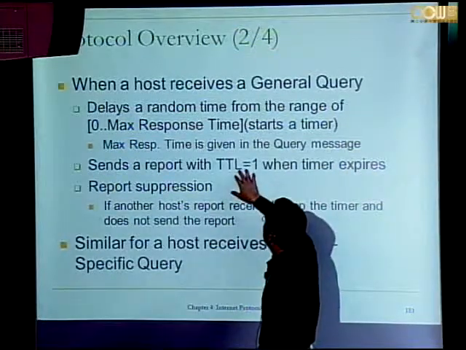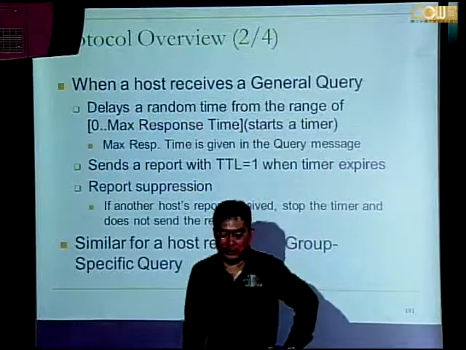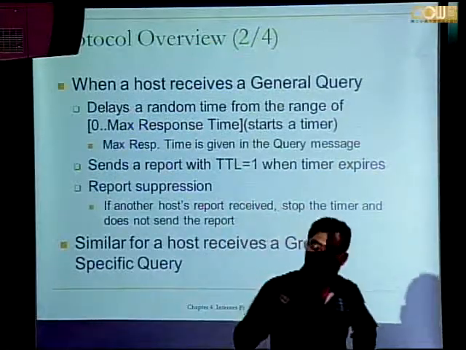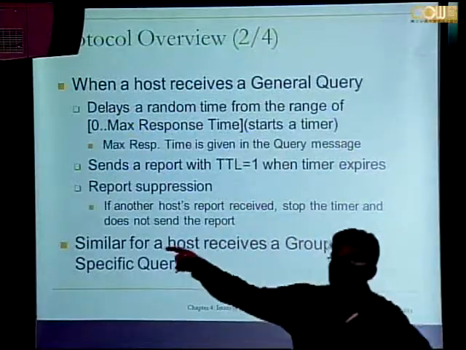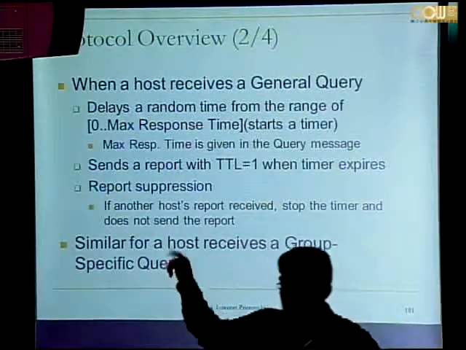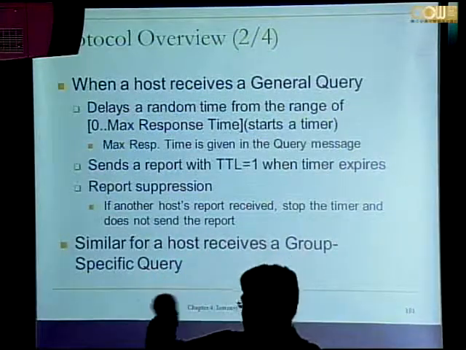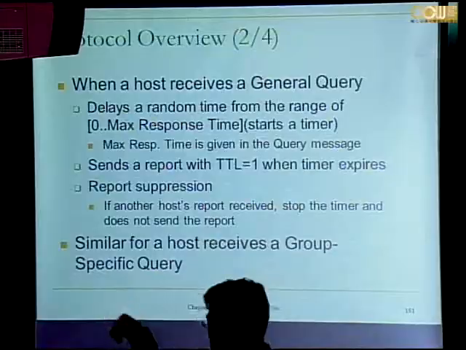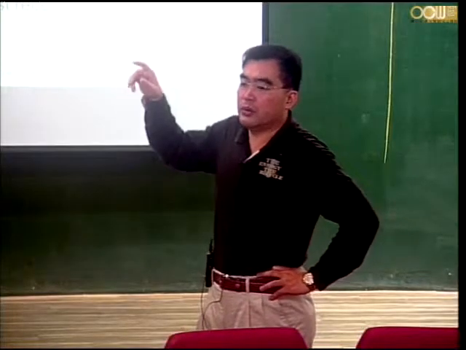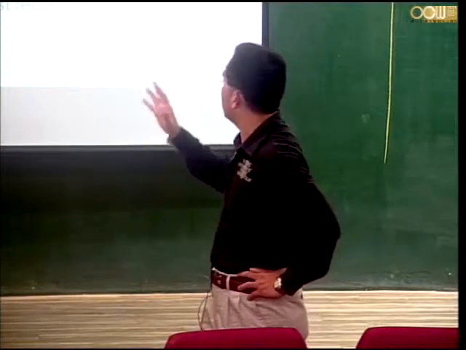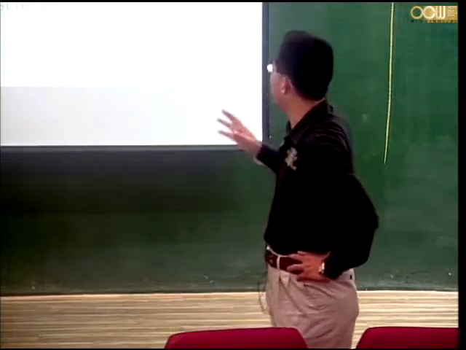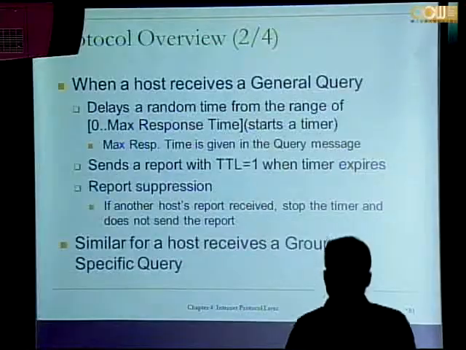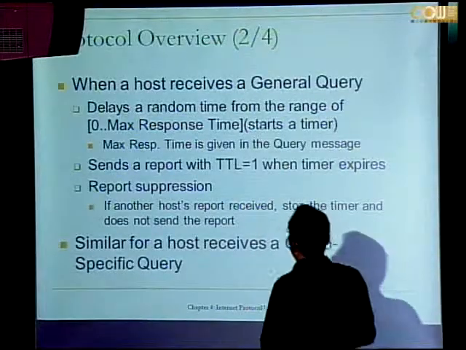And I set TTL to 1. It means that it is only between me and the router, and TTL will be deducted by 1 at each router, as we know. So when it reaches 0, then it's done. It won't be forwarded further.